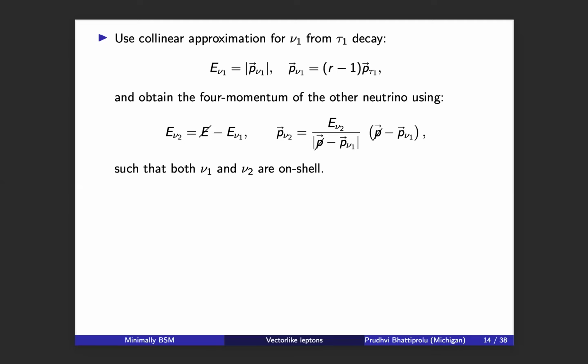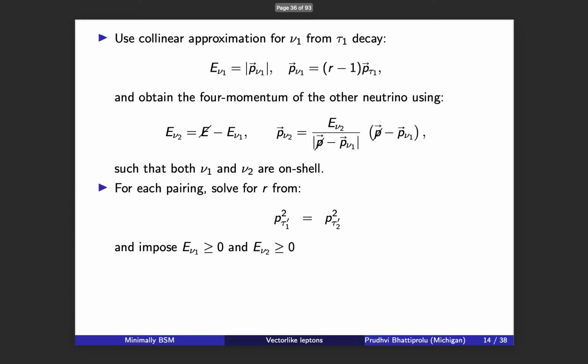But up to that, we can also compute the 4-momentum of the other neutrino. Then we can enforce that both neutrinos are on shell, so the masses are set to 0. To solve for the missing parameter r, we require that the 4-momenta of the reconstructed tau1 prime and tau2 prime be exactly equal, and then further impose that the energies of the reconstructed neutrinos are positive.